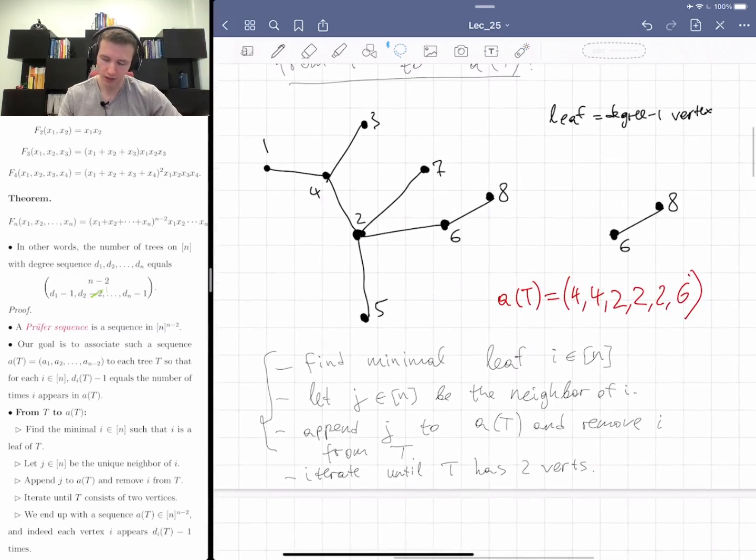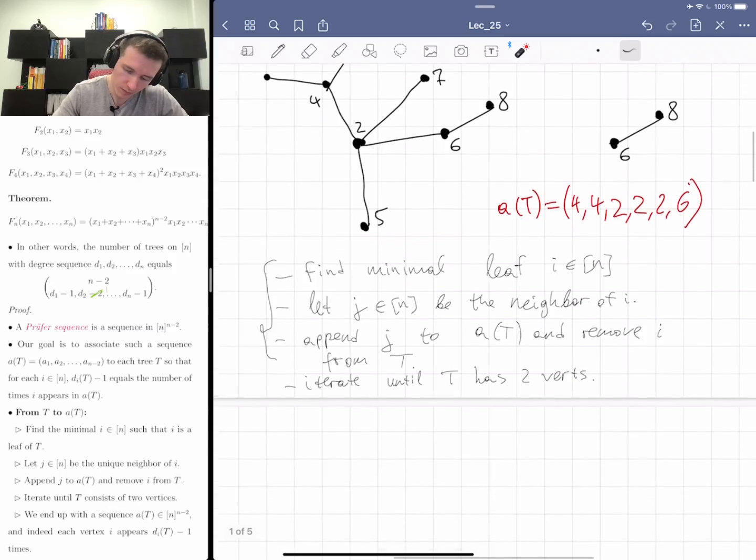The observation that you're supposed to see from this algorithm easily is that the number of times each vertex appears in the code plus 1 should be equal to the degree of the corresponding vertex in the tree. Like 2 appears 3 times, and 2 has degree 4 in the tree. 4 appears twice, and 4 has degree 3. 6 appears once, it has degree 2, and all the other vertices don't appear in the sequence, and they have degree 1.